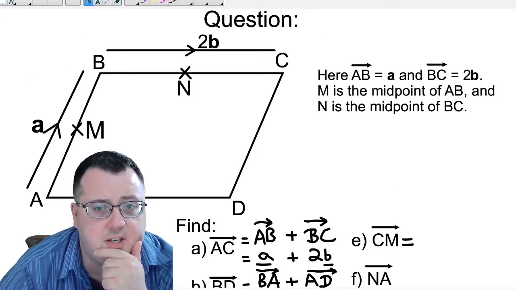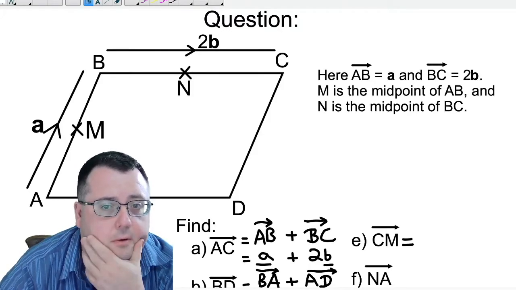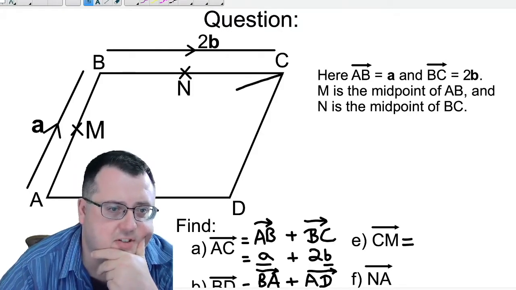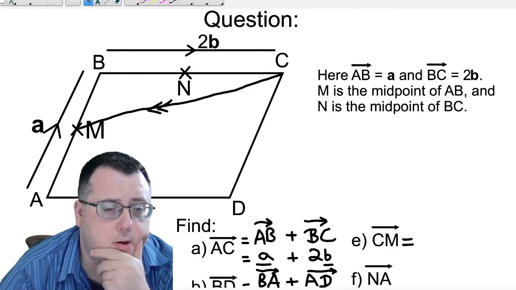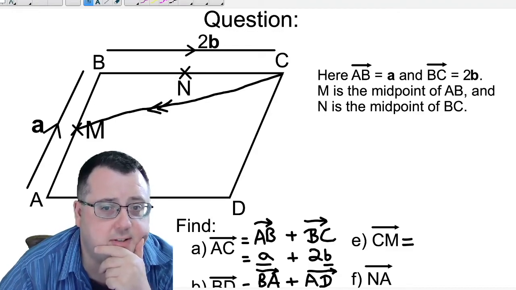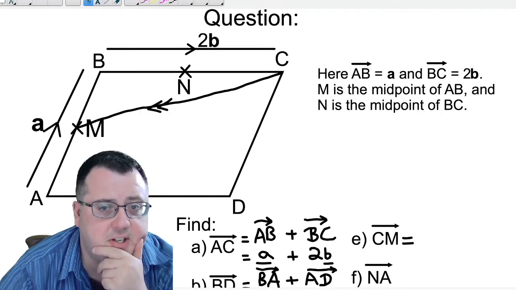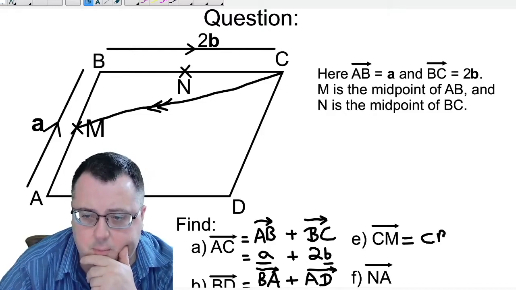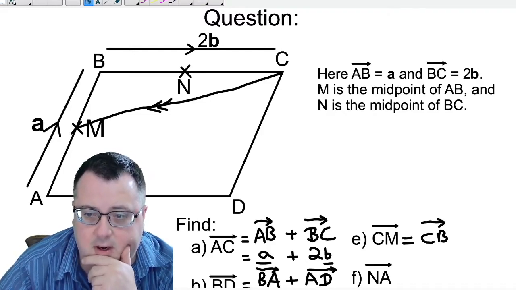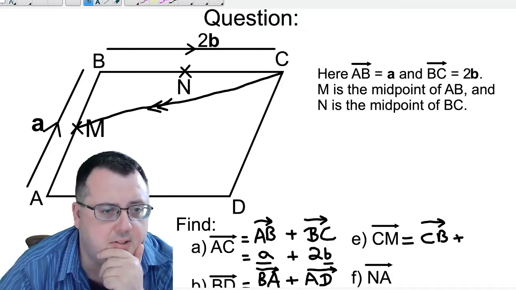How do I get from C to M? Well, the fastest route is like that. But I can't do that. I'm going to have to go from C to B. So I'm going to write that down. C to B. And then I'm going to have to go from B to M.